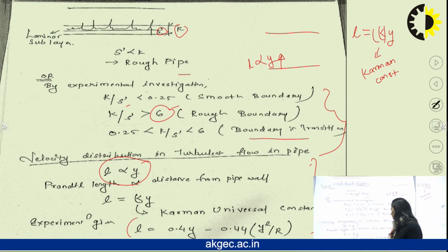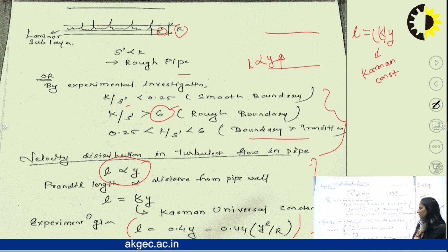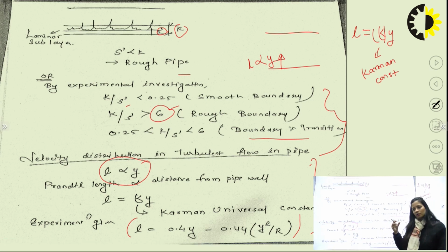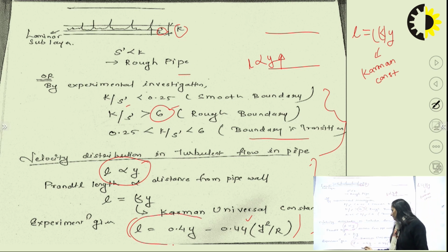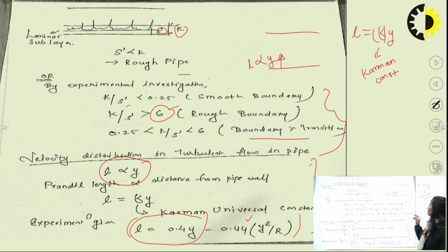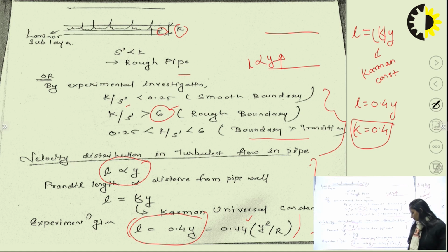Here is another equation for mixing length: 0.4 Y minus 0.44 Y square by R. But for a layer very close to the boundary, we can neglect this term, so you get L equal to 0.4 Y. That means you get the value for kappa, the Kármán universal constant, as 0.4.